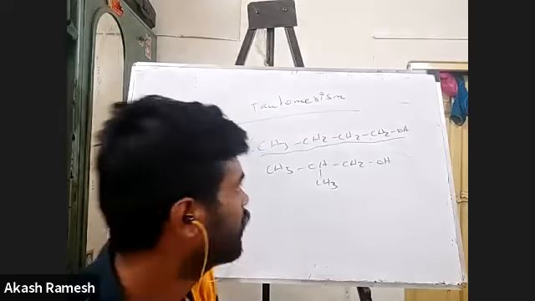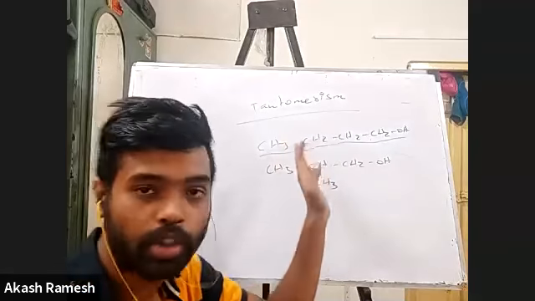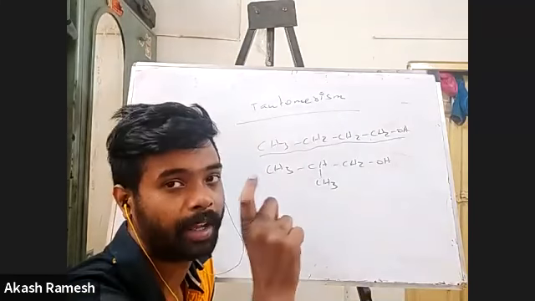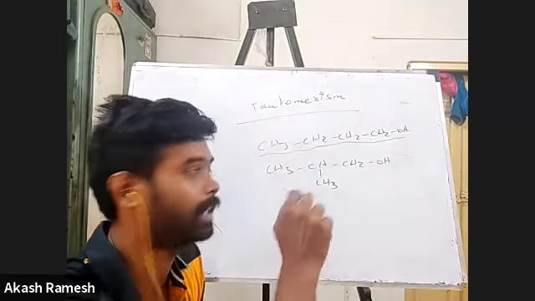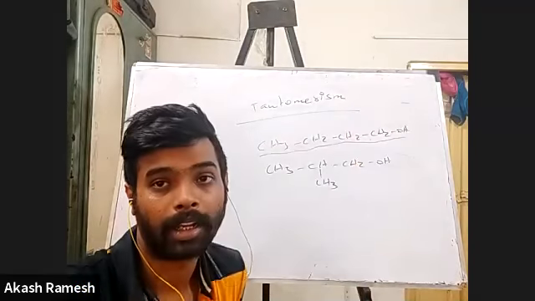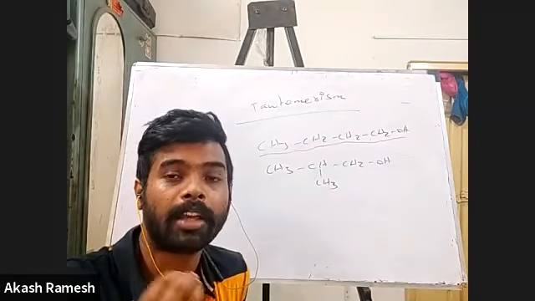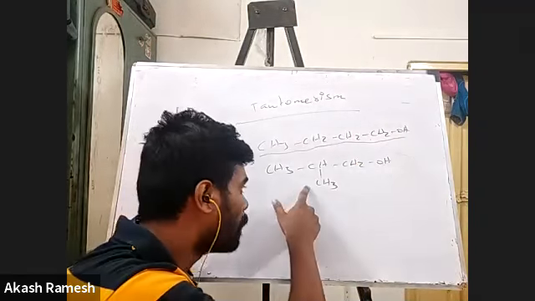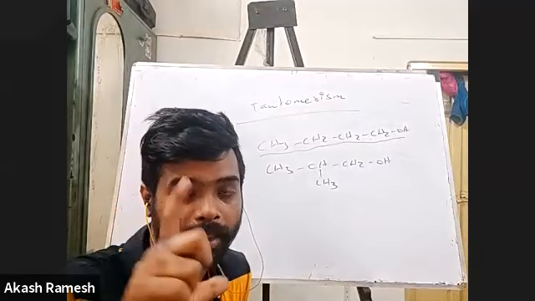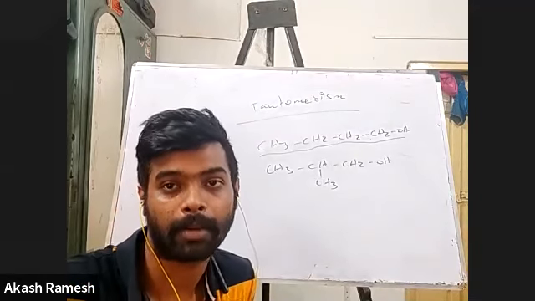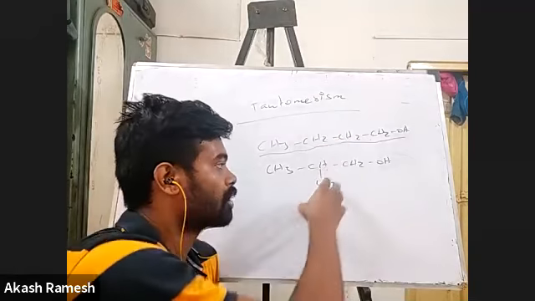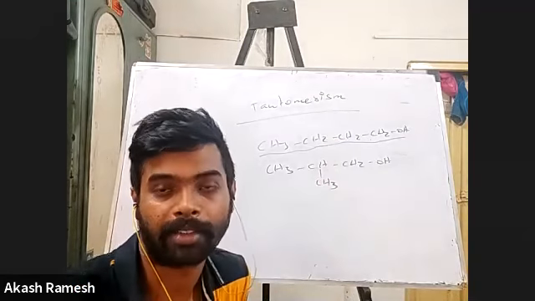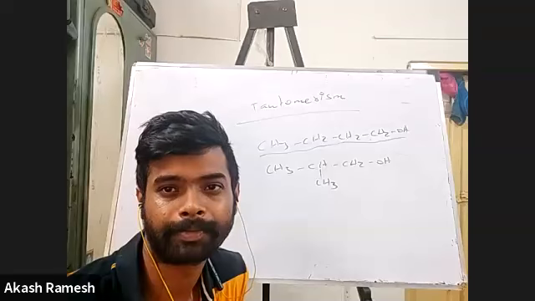What I'm trying to say is, these two are isomers with the same molecular formula. I have a test tube in which I contain one of them, this one. Is there any possibility that the other compound can also be there in that test tube? That means, will this molecule change itself into this compound? Is there any possibility?